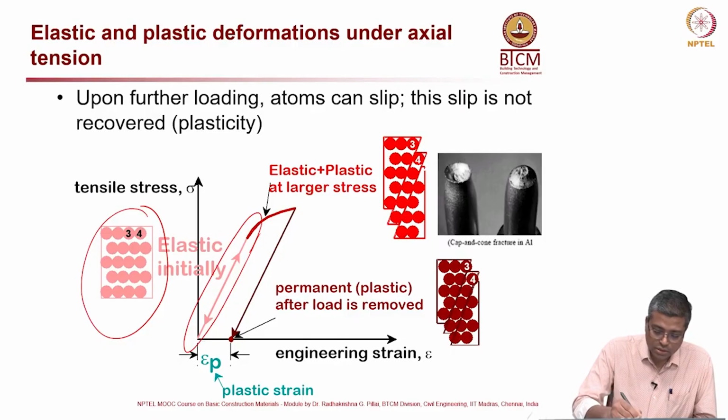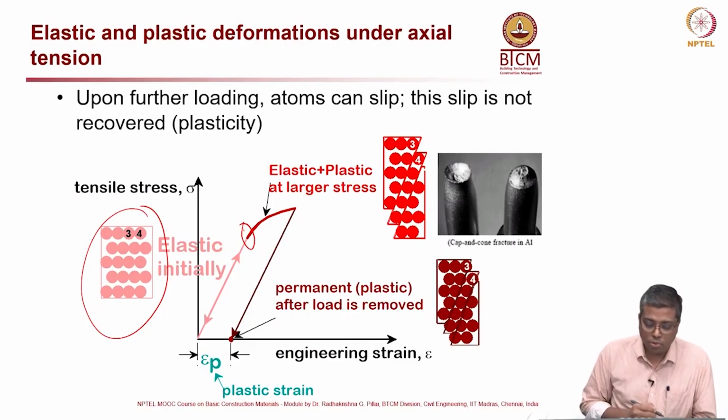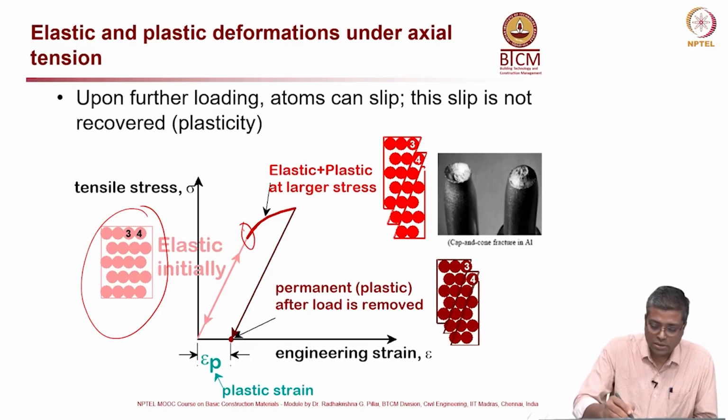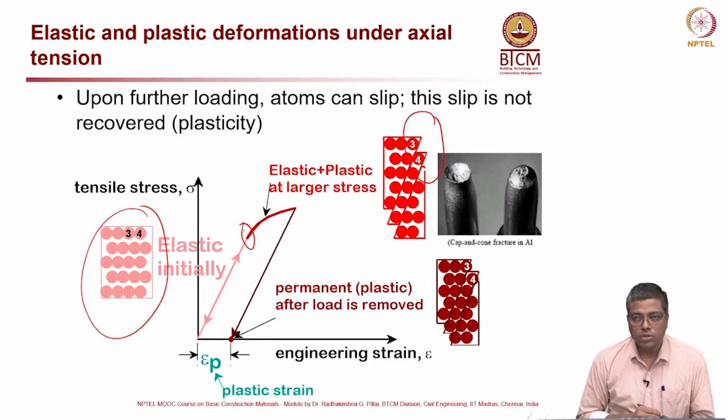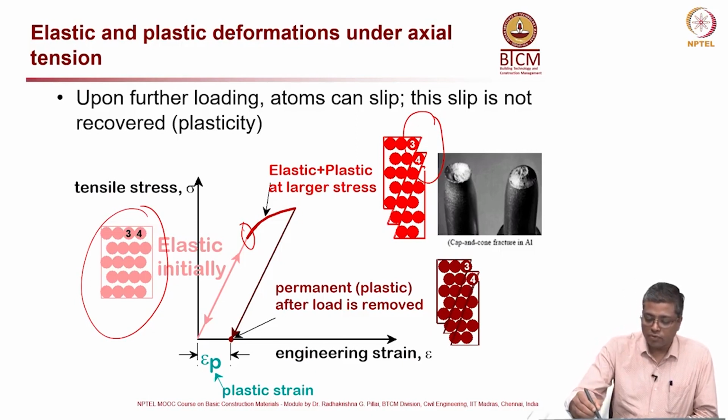So, after this point, when more and more load is applied, stress is increasing, and some slip happens. So, you can see here the 4 has slipped down to the lower layer.